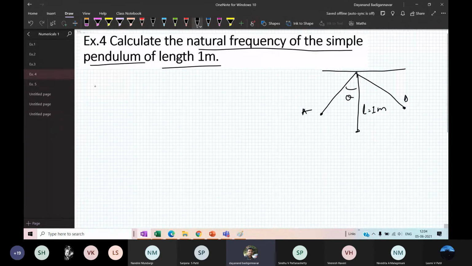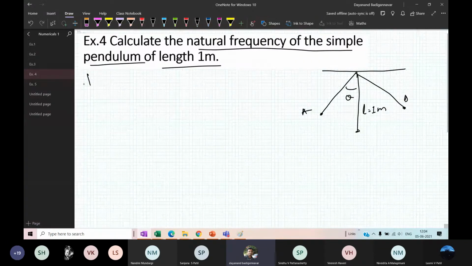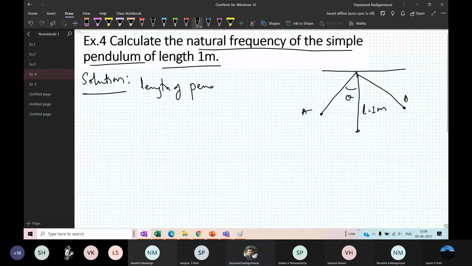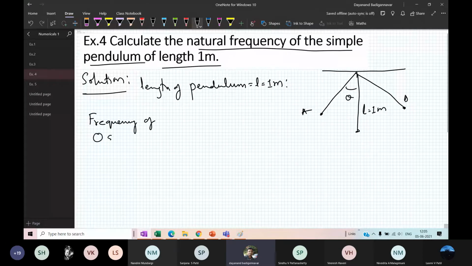I have given the formula for the natural frequency of a spring. You just check it and write the formula. So solution. Given the length of the pendulum, L equal to 1 meter. Now, what is to be calculated? Natural frequency, or frequency of oscillations. It's not angular frequency, it's normal frequency.